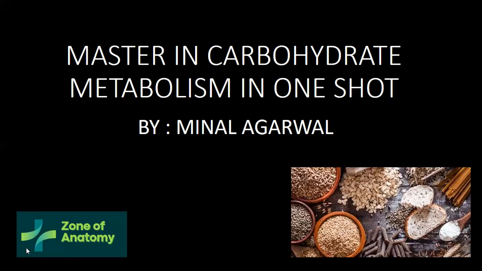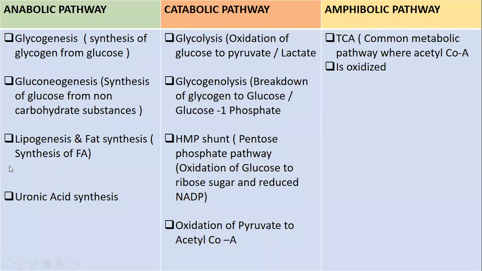So let's proceed. We are going to discuss the cycles in this. First of all, we need to learn this complete table, which means what is the anabolic pathway, catabolic pathway, and amphibolic pathway concerned with carbohydrate metabolism.